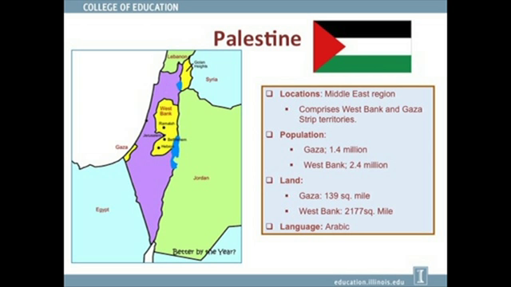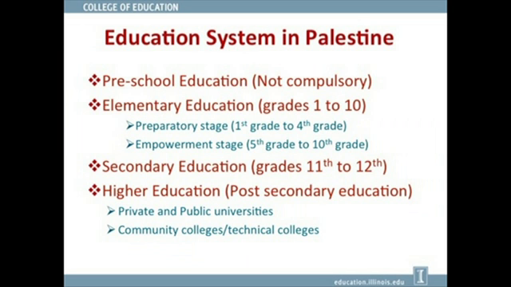The education system in Palestine is separated into different stages. First, we have preschool education, which is not compulsory; it's optional. People who want their kids to go to preschool can send them there.